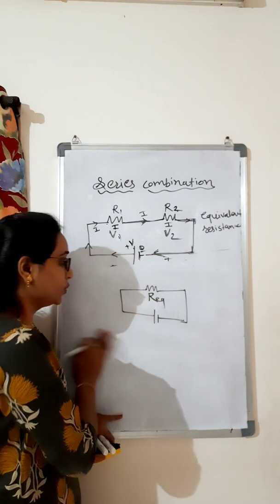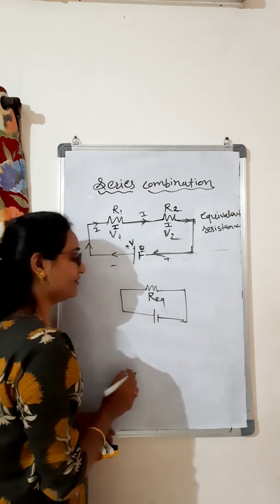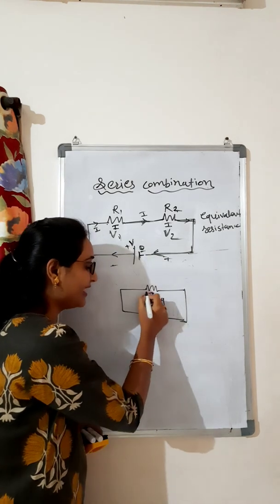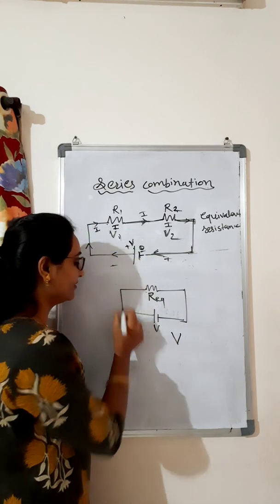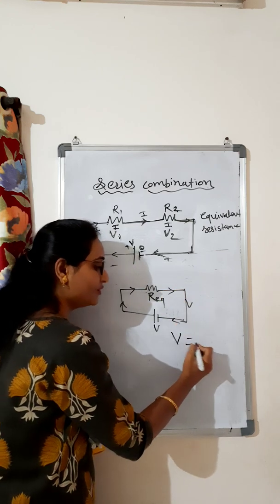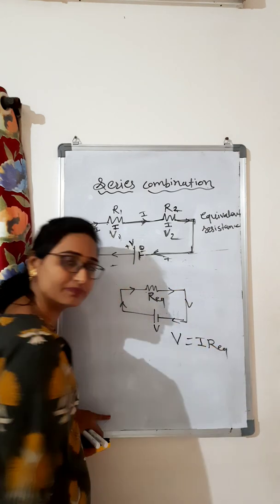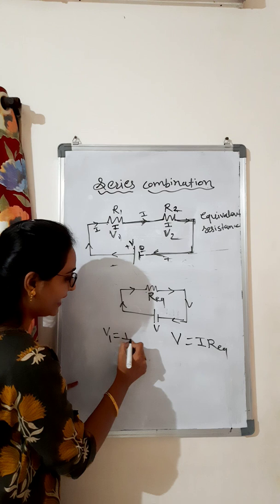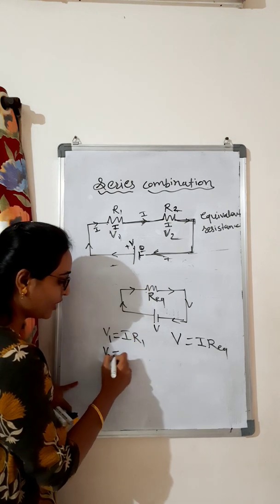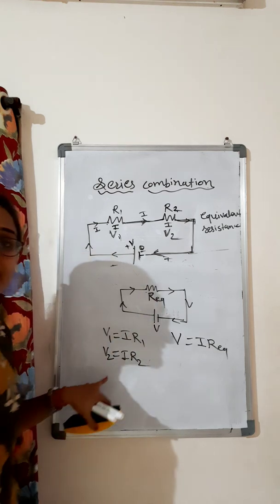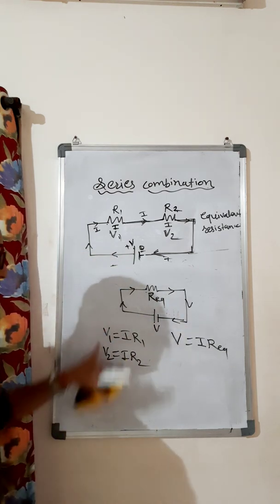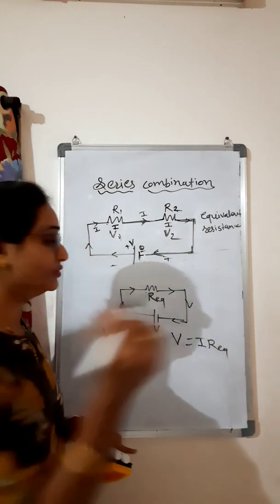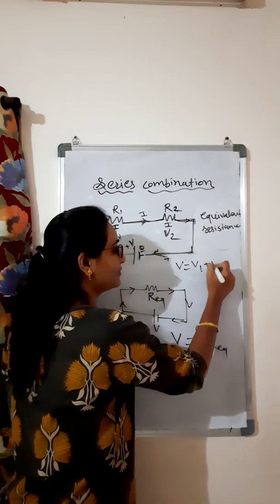Now if you want to calculate R equivalent: V is the potential difference, and if you apply the formula, the current flowing is I, so you get V equals I R equivalent, according to Ohm's law. In the first resistance, V1 is IR1. In the second resistance, V2 is IR2. If you add these two, V1 plus V2, you get V, because V is distributed, V equals V1 plus V2.